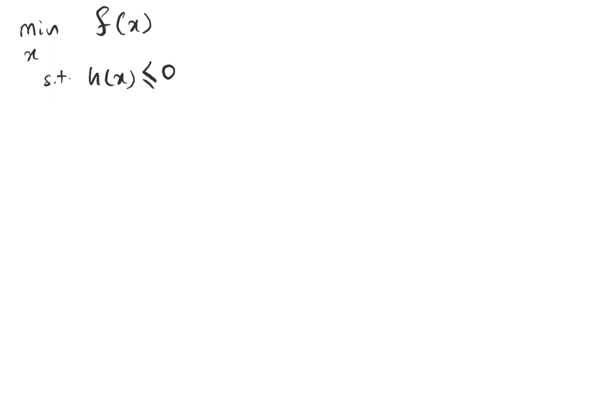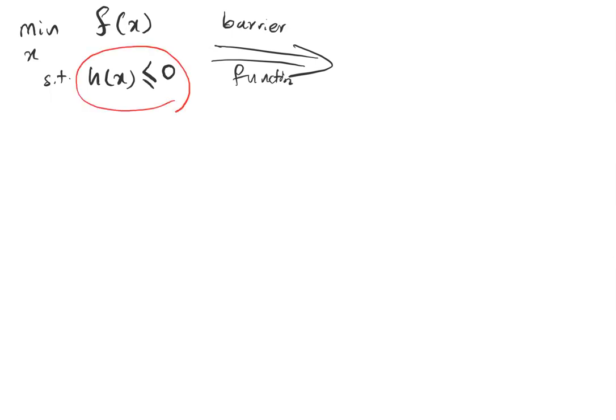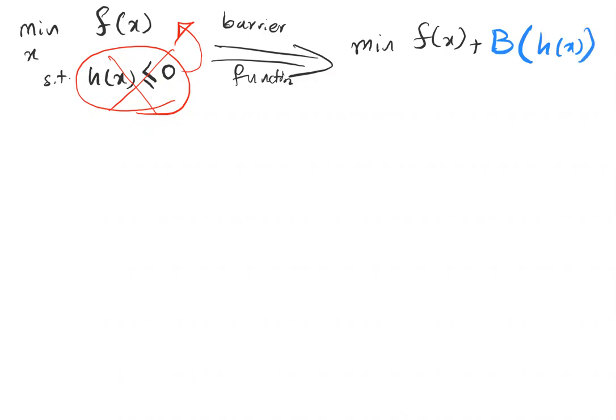So we are going to define a barrier function, and this barrier function is going to help us to consider this constraint in the objective function. So we are going to have minimizing f of x plus the barrier term or the barrier function. Let's call it barrier function of h of x.